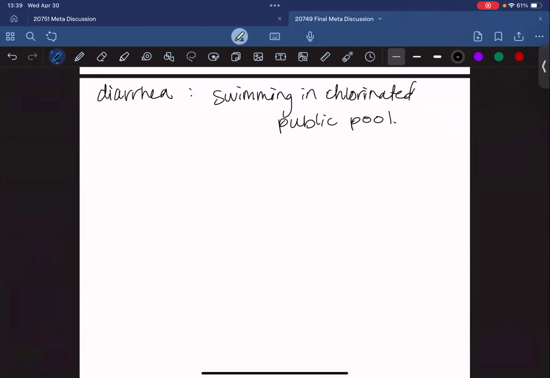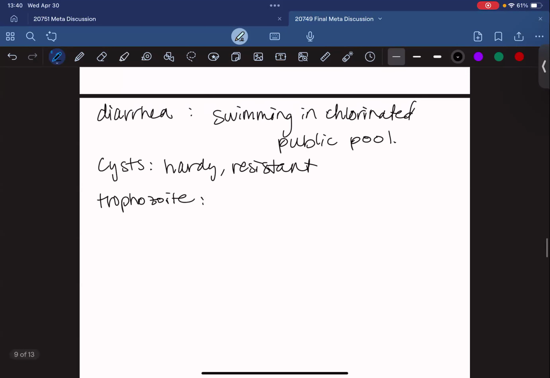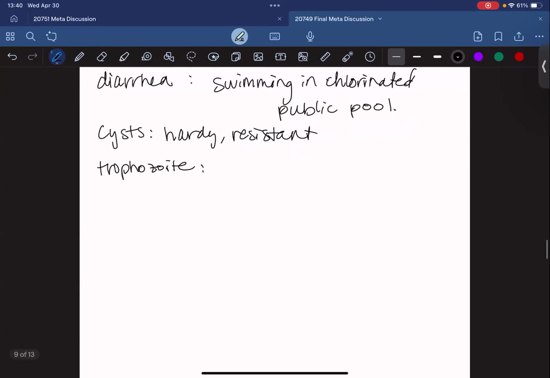And I'm going to tell you that there is a particular disease which has these hardy cysts versus trophozoites, all right, that are going to be resistant to chlorine. The trophozoite versions of these guys are the disease-causing, multiplying version.